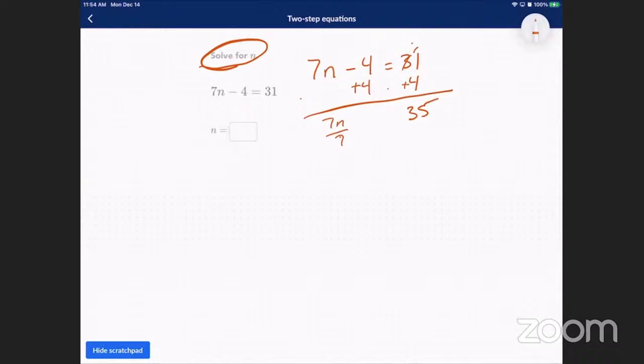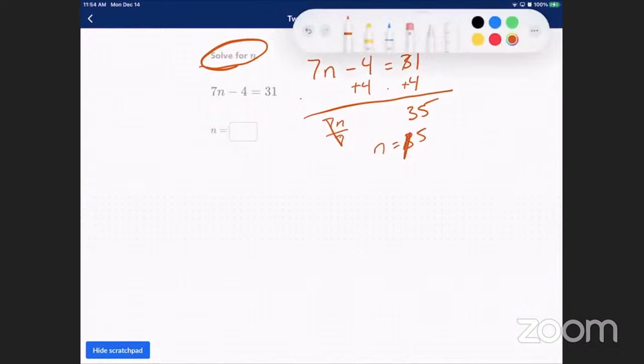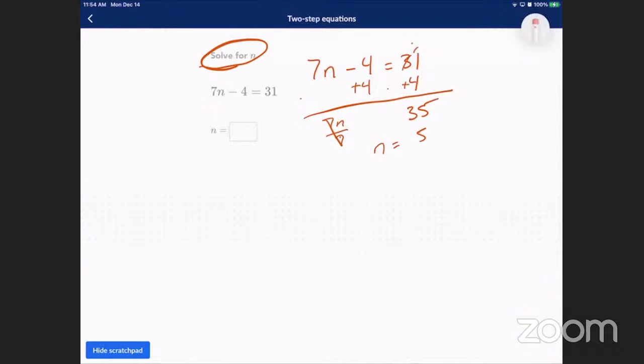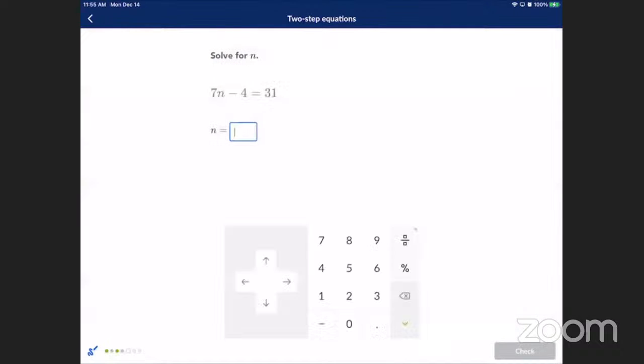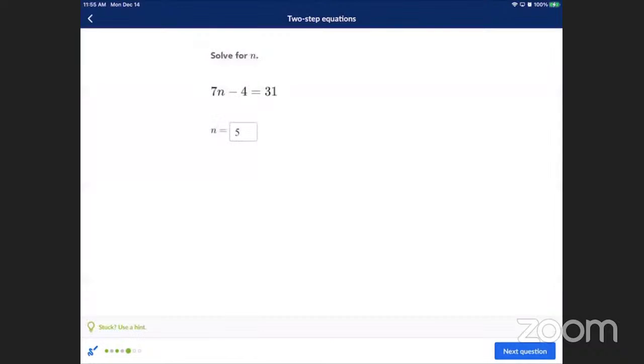And then you have 35. It's n equals 35. Well, not really n equals 35. N equals 5. And then n equals 5. And now we can go ahead. So 7 times 5 equals 35 minus 4 equals 31. It's great.